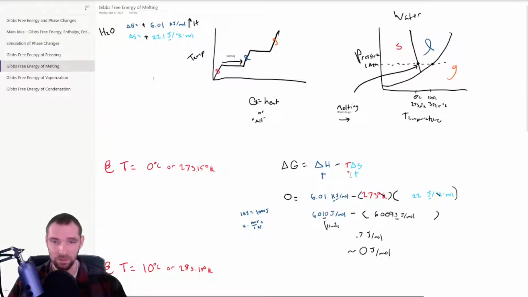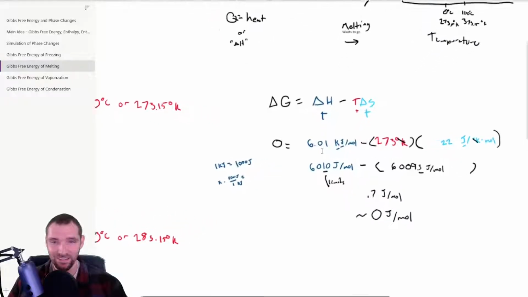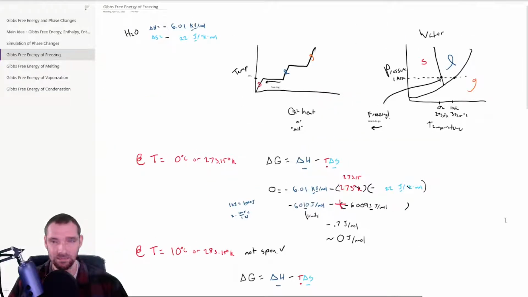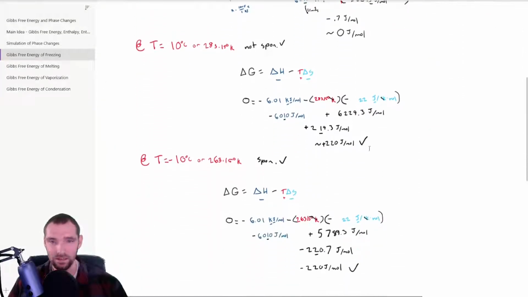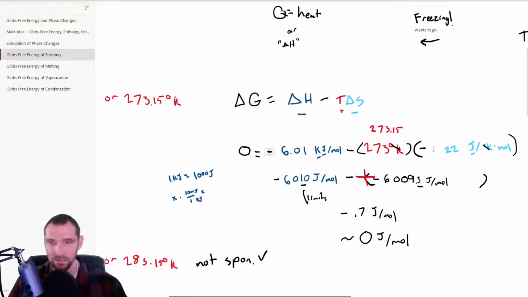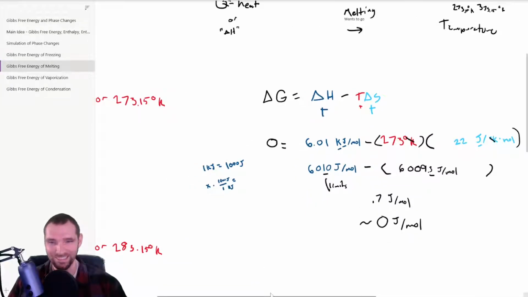So that's why that would be positive here. If we look and do the math, these are literally just positives where we had negatives last time on the equation. So last time we were working with a negative here and a negative here. Now we're working with positives.